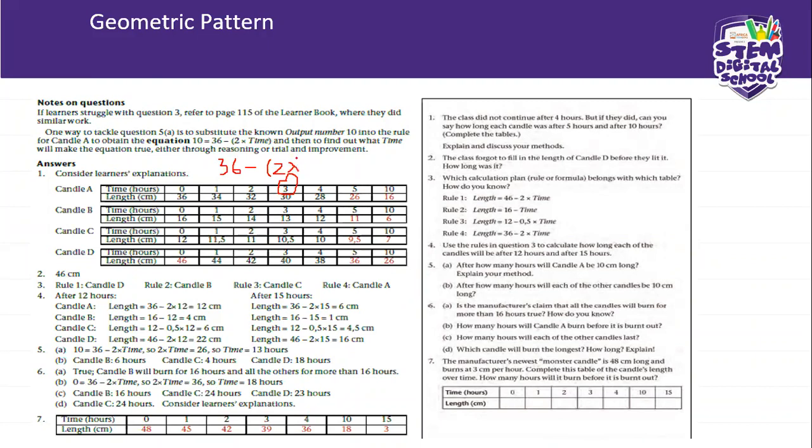So the hour is 3. What is 2 times 3? 6. What is 36 minus 6? 30. Exactly. So that's what I'm trying for us to learn.